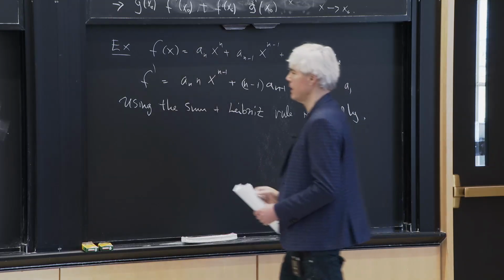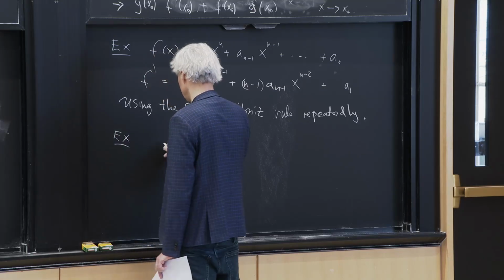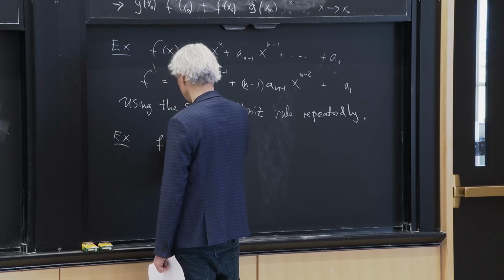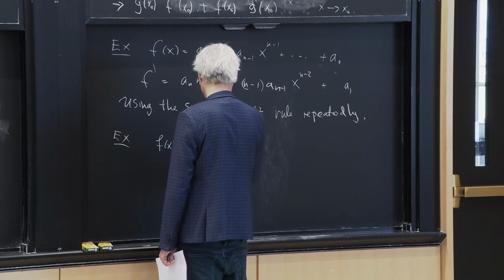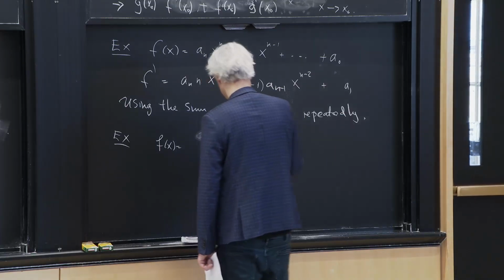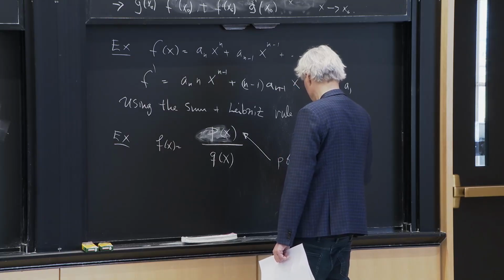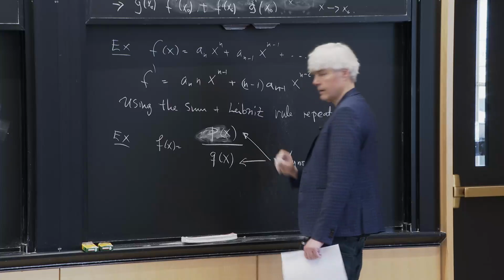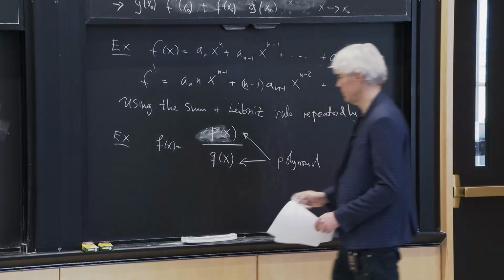Okay. Now, likewise, if you take a rational function, meaning f of x is equal to a polynomial p of x divided by q of x, where both are polynomials, you can use the quotient rule.